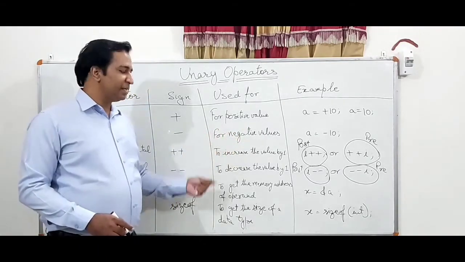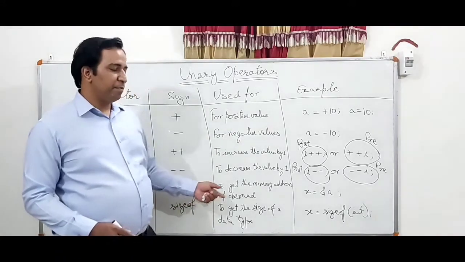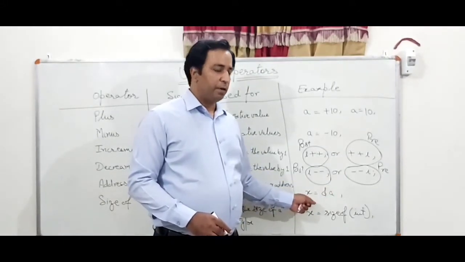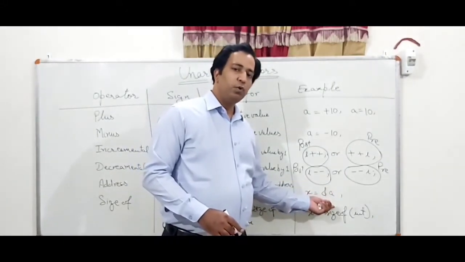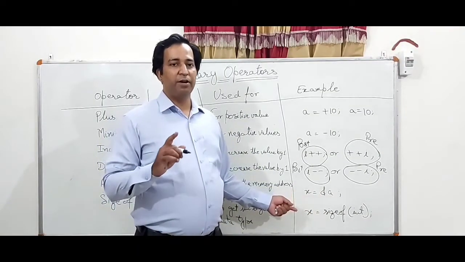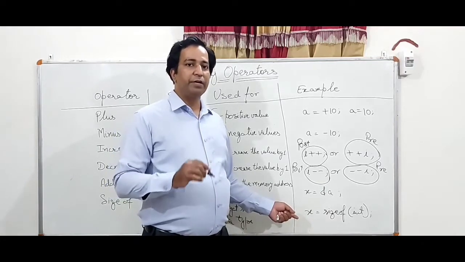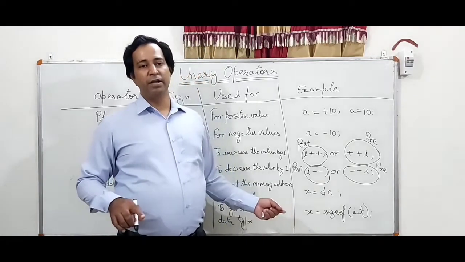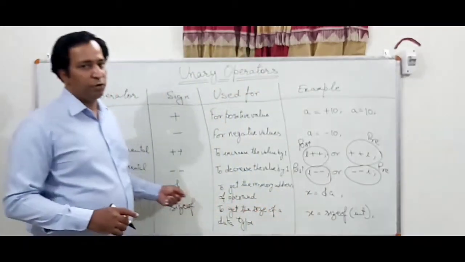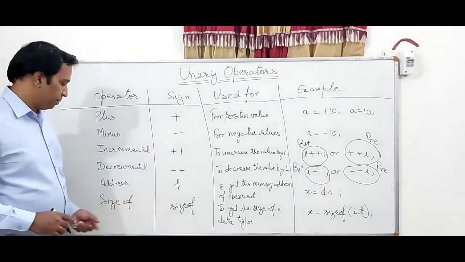Now, the memory address assigned to your variable can be fetched with this operator. That memory address can only be assigned to a particular kind of variable, and that kind of variable is called a pointer. We are going to cover pointer variables in our further videos. Till then, you just have to remember that this operator is used for the address of the variable.